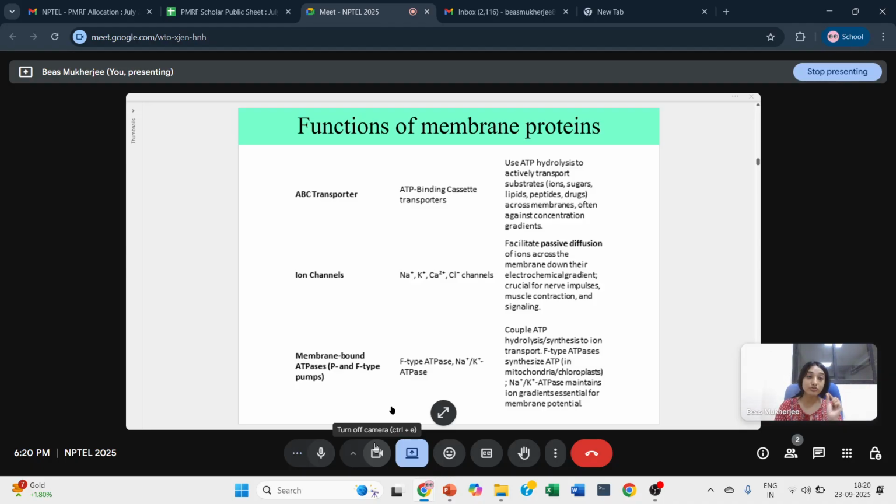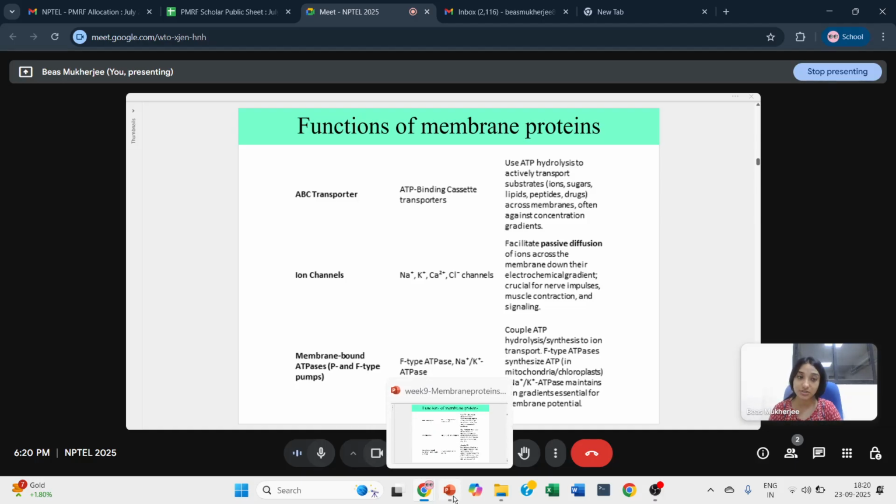If you remember the electron transport chain in the mitochondria, you would remember that there was this F0, F1 particle in the ATP synthase, which is also a membrane protein. So that is an F type. F type has this F0 and F1 structure. Now see, Na+ K+ ATPases maintain the ion gradient essential for membrane potential. So these are the different types. You need to remember which is what, and there can be questions from here.